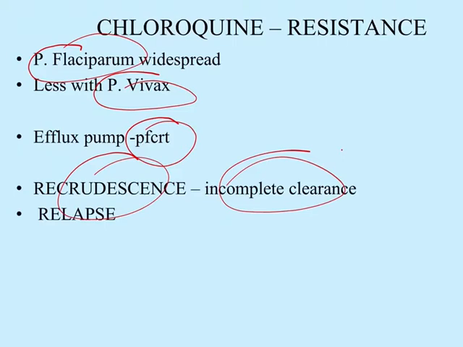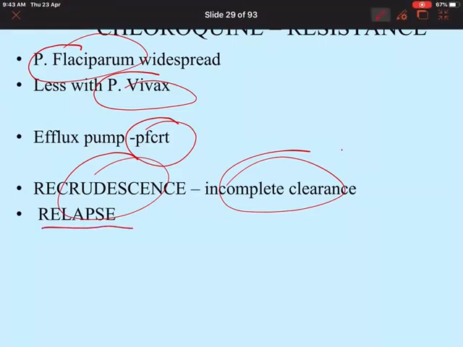Relapse, on the other hand, will be predominantly due to hypnozoites. When we understood the life cycle, we talked about the sleeping plasmodial parasites called hypnozoites. When the hypnozoites reactivate, they can cause a relapse.